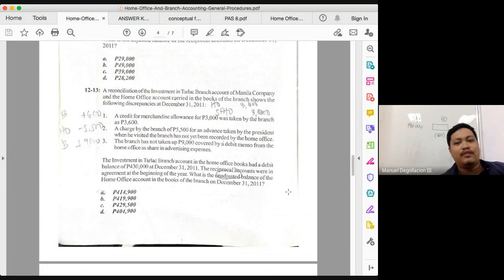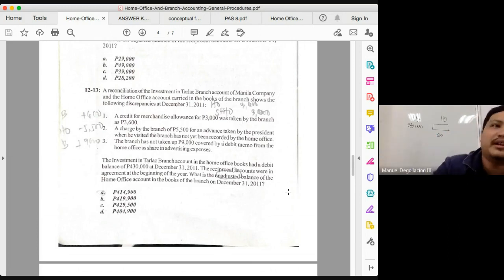Debit home office and credit shipments from home office in the amount of 3,600. So what then is the status or the condition of your home office account? Understated. Why? Although it was supposed to be reduced, class, the reduction should only be 3,000, but the entry we prepared resulted in a reduction of 3,600. So to correct that one, we will have to increase.